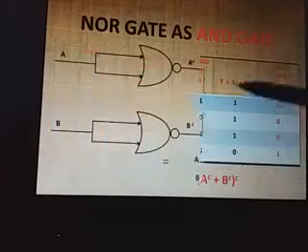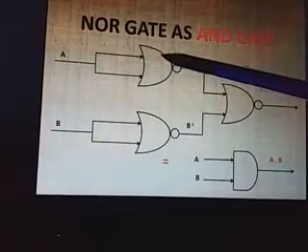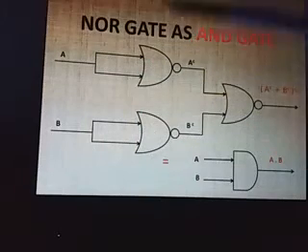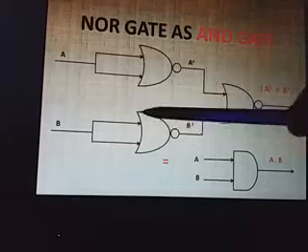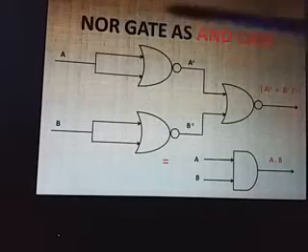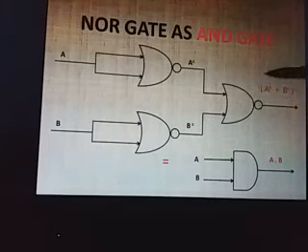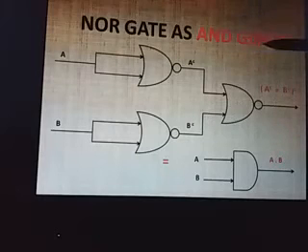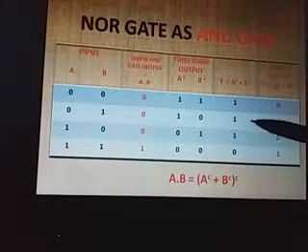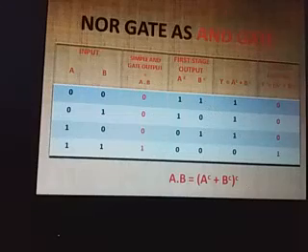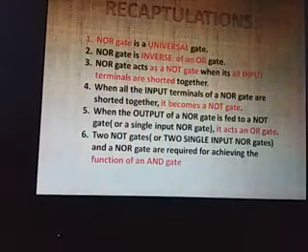Here, three NOR gates are put in this combination, where the first two gates are nothing but NOT gates in terms of NOR gate, and the final stage NOR gate is the simple NOR gate, and the final output is nothing but A dot B, the output of a simple AND gate.